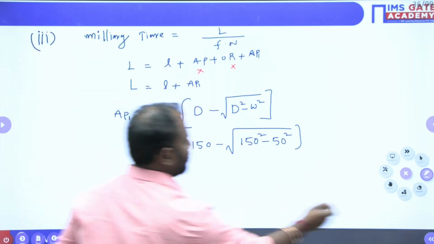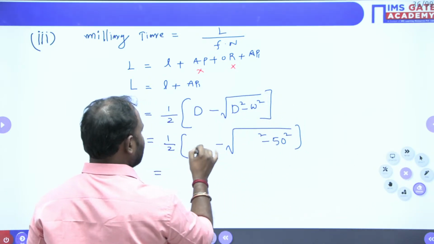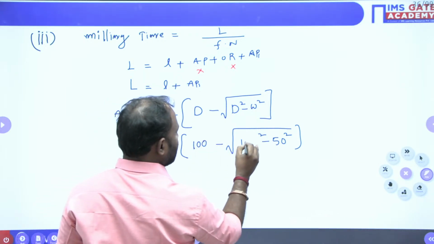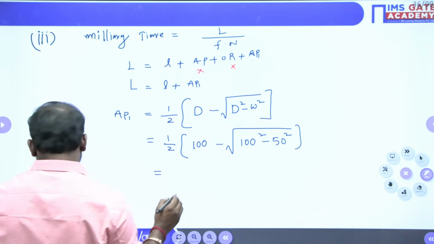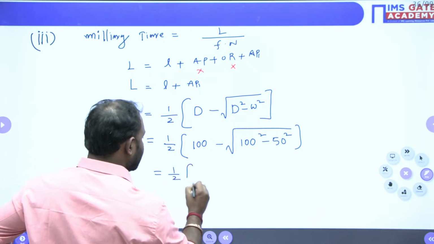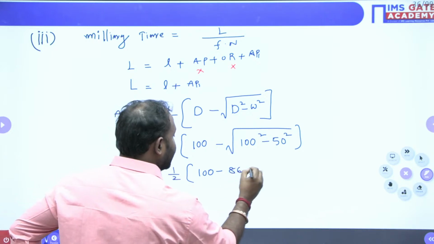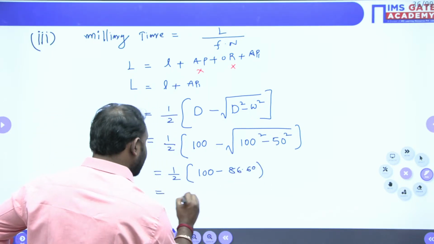We substitute 100 square. From there I get half into 100 minus 86.60, which gives 6.7.